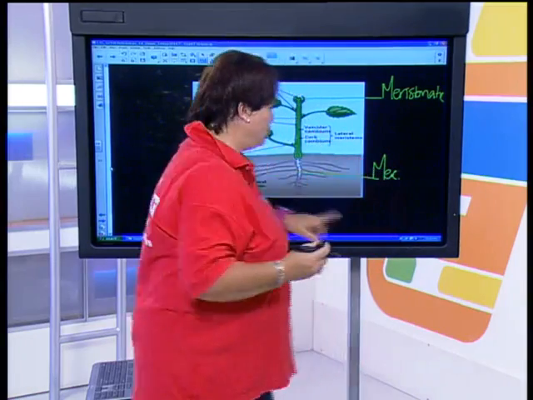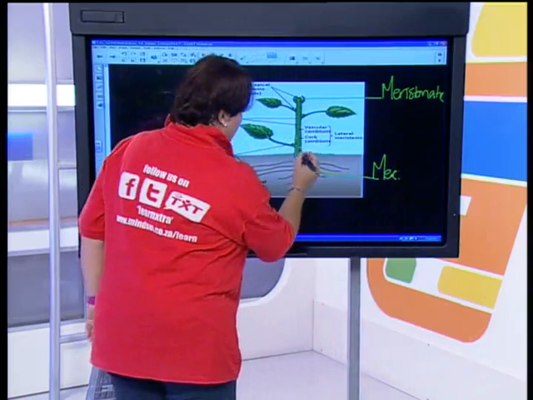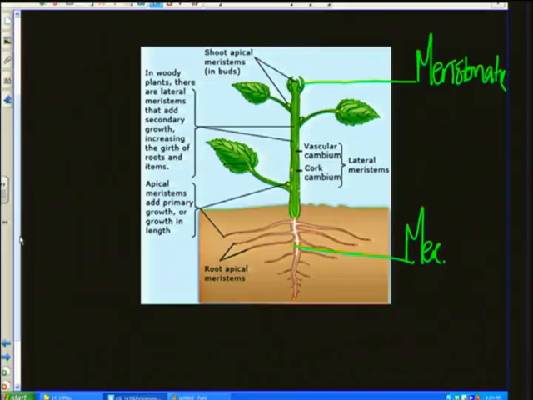In our plant, the roots will grow downwards. That is called an apical meristem. Apical means at the points. At the top of the stem, plants are going to grow upwards because that is the apical meristem. Roots grow downwards, and that is still an apical meristem because it's still at the end of the roots.